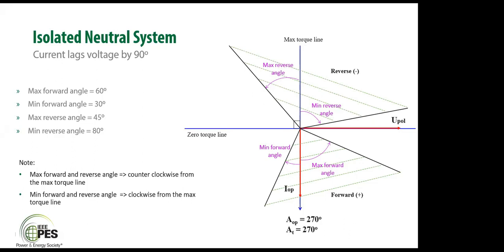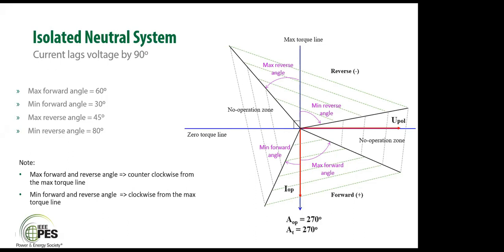Once we have the forward and reverse operational zones, the rest of the places in this quadrant will be considered the no operation zone. Now you can see the difference we have created in our protection algorithm.